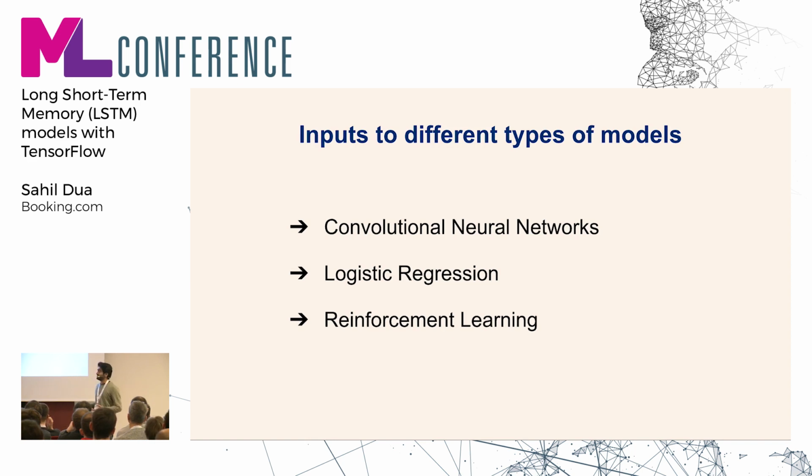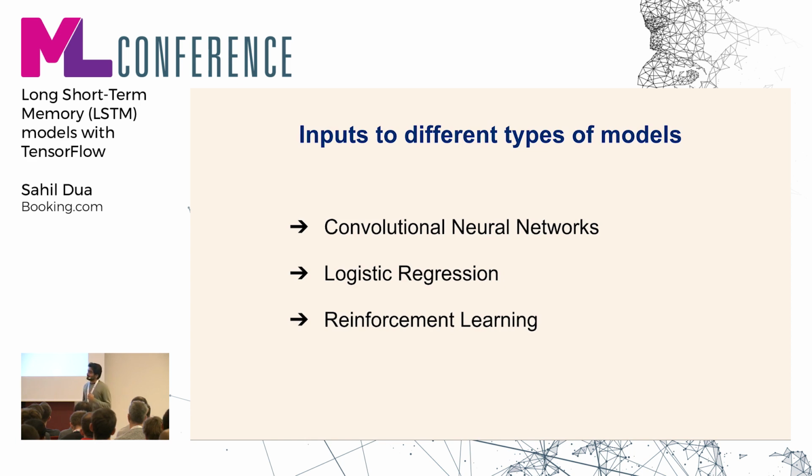Then we have logistic regression, mostly for classification. Again, they take scalar, quantifiable, measurable values. And we have reinforcement learning, which again has reward signals, which are quantifiable and decide which actions are going to be rewarded based on the reinforcement.